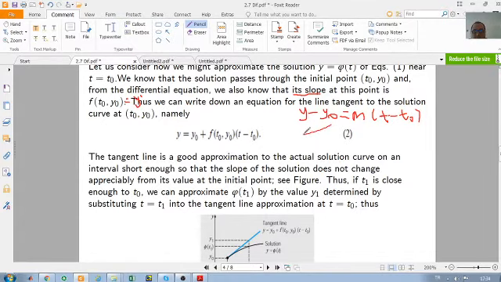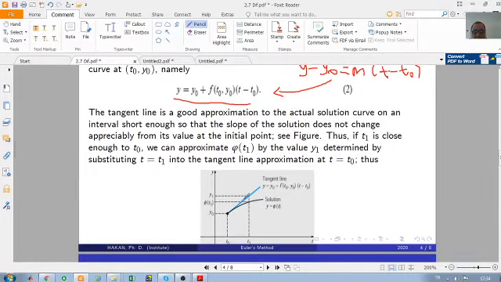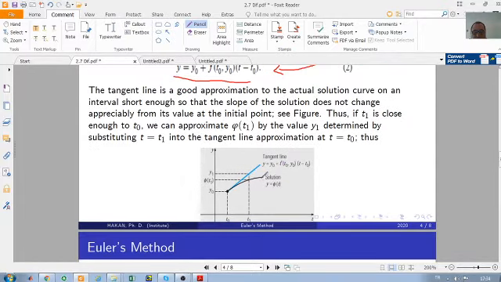So it is written as y equals y0, moving it to the right side, plus the slope, which is f of t0, y0, times t minus t0. This is the equation of the tangent line, the blue line on the graph, at the point t0, y0, which is tangent to the solution curve.